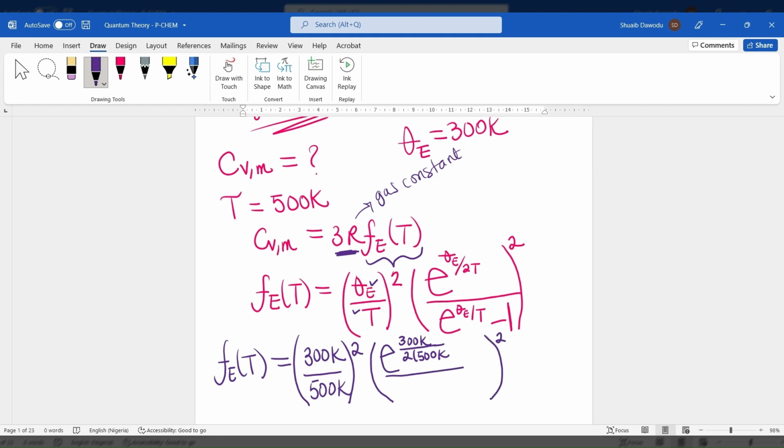All of that divided by e to the theta, so e to the 300 Kelvin divided by T, so divided by 500 Kelvin, minus 1.